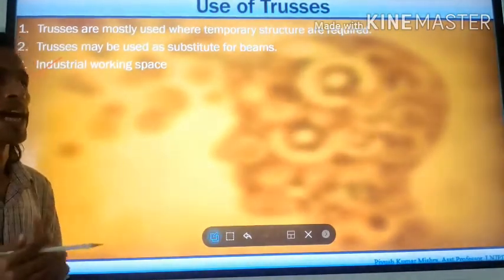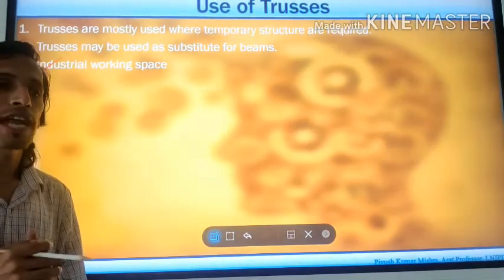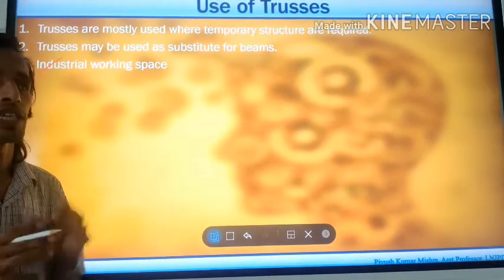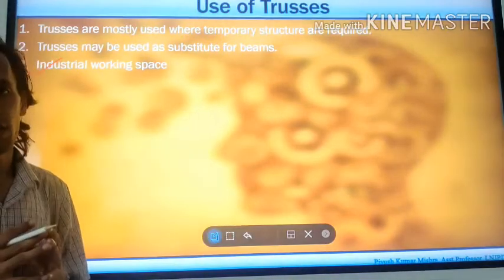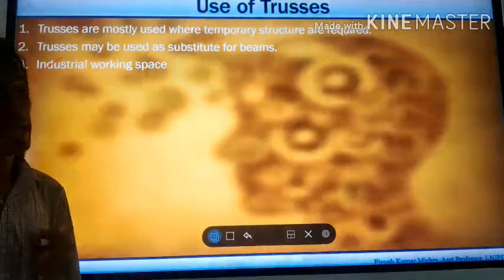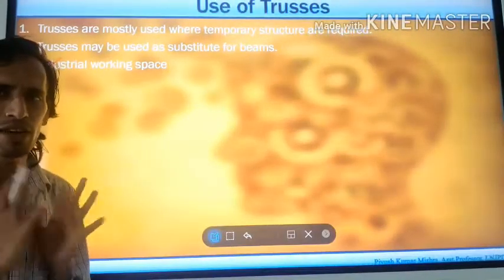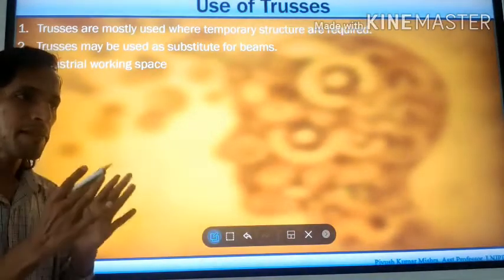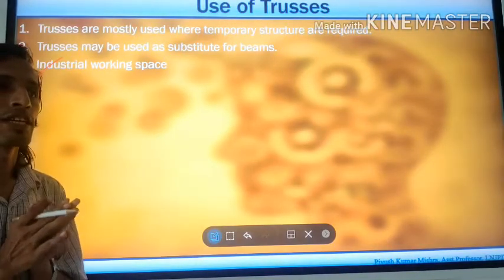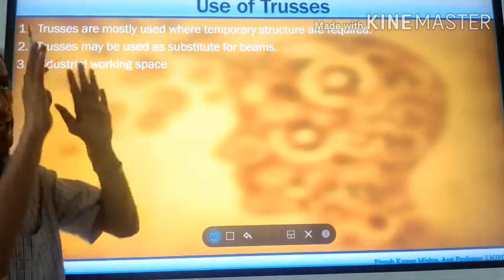That is why trusses are also very useful when you are trying to make a temporary structure, where you want to make a structure for a shorter duration of time. Let us say you are making an 8 floor building. While making it, you go to that place and you see that you have to live somewhere before you start making that building.